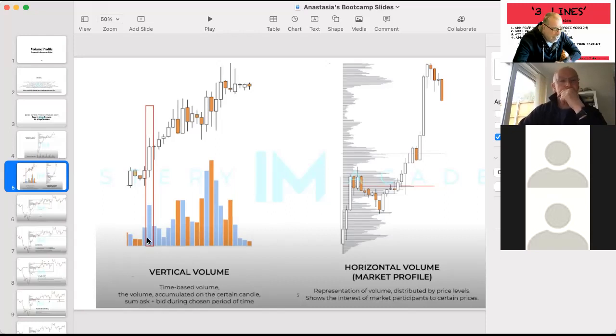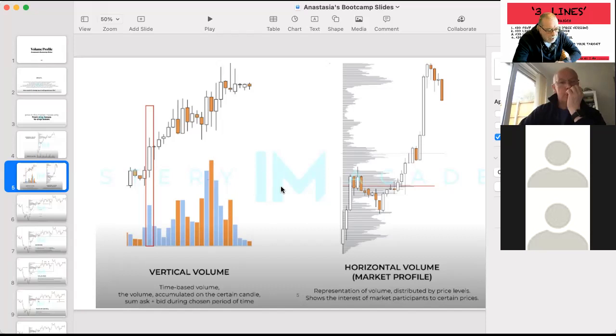So this blue candle here is a measurement of how many trades have been placed during that candle's lifetime. So if that was a 15-minute candle, these are the trades that were placed during that 15 minutes. And these different colors are buys and sells. I'm not quite sure which. I'm guessing the orange would have been sellers and the blues would have been buys, but that's not important to us at this minute.